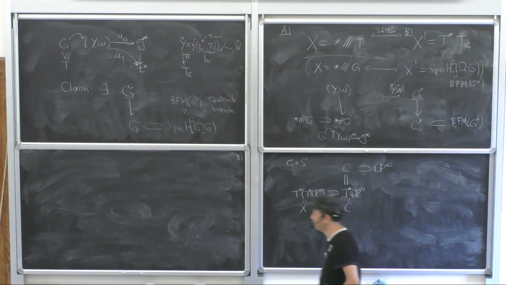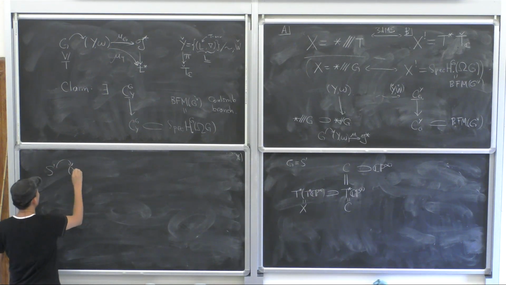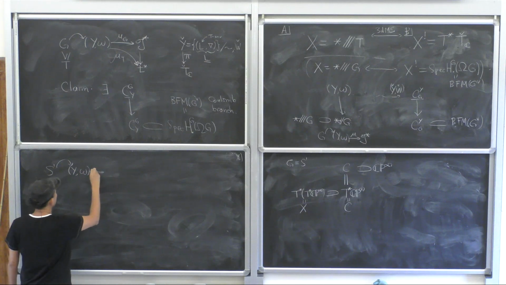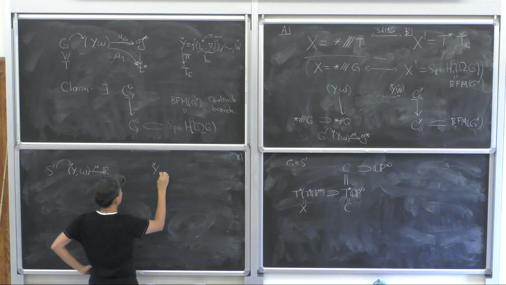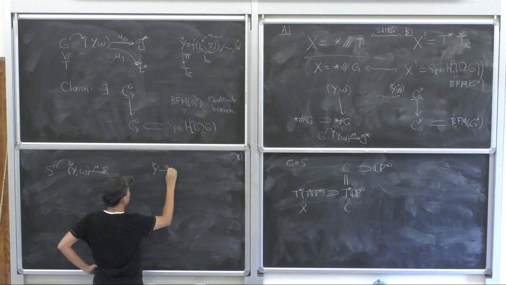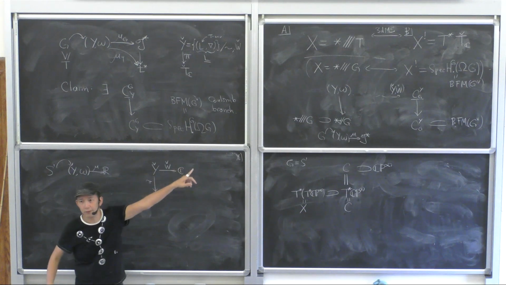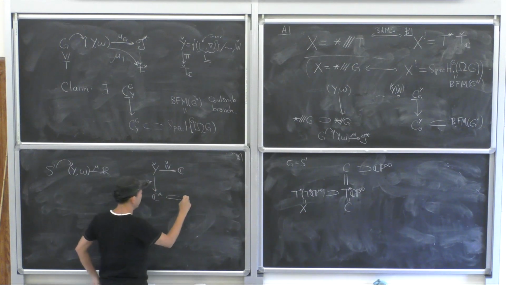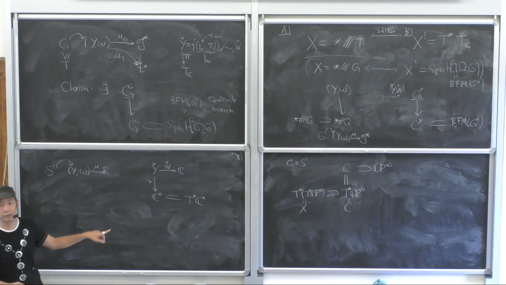So if you have S1 acting on Y, okay, the mirror space will come with a function W check, and then with this function pi to C star. This is the same C star there. Okay, this is the C star inside the cotangent bundle of C star. Okay, but this is not the Lagrangian.